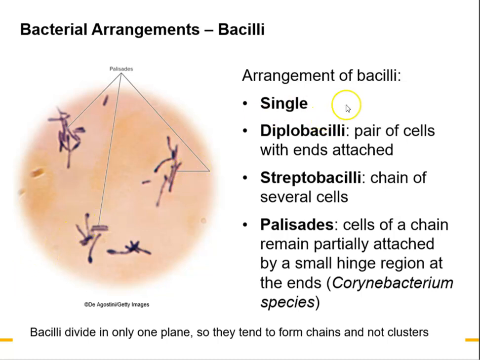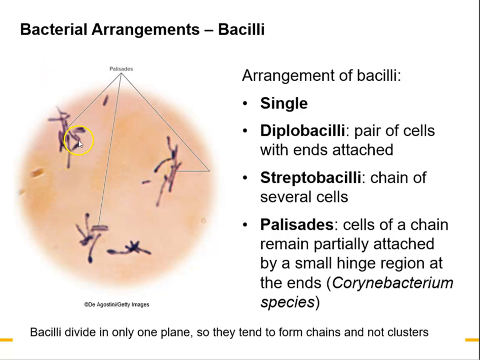Arrangement of bacilli, we said, could be single, they could be in pairs, they can be in a chain, or this arrangement called palisades. This is where cells of a chain are going to remain partially attached to one another by a small hinge region at the ends. And this is what the palisades looks like here.